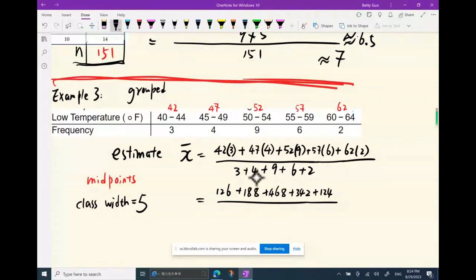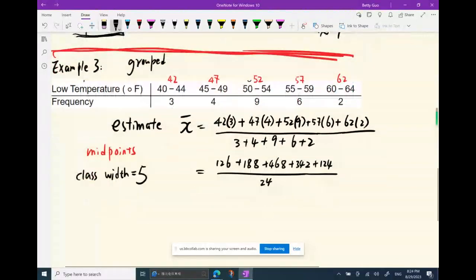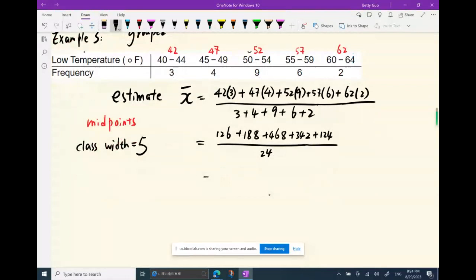It's 10, 13, 15, 15 plus 9, 24. And now I'm going to add up those numerators: 126 plus 188 plus 468 plus 342 plus 124, and that gives me 1,248, divided by 24. What is my mean? My mean is 52.